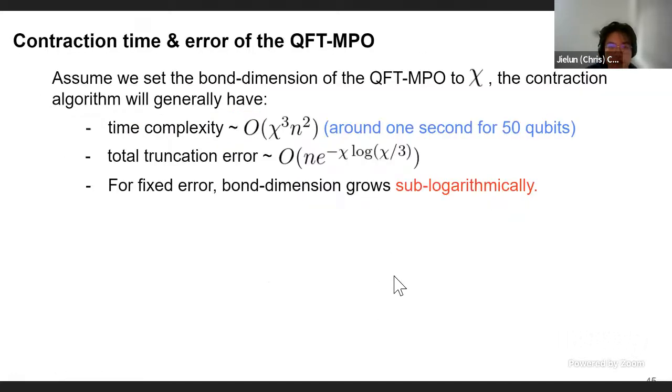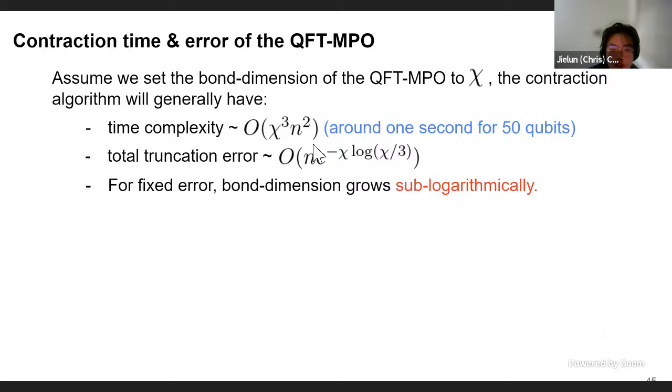So assume we set the bond dimension of the QFT MPO to chi. The construction algorithm will generally have a time complexity that scales with the third power of the bond dimension and the square of the number of qubits. The constant associated with this complexity is also very small. For example, for 50 qubits, it usually takes around 1 second to construct the entire MPO.